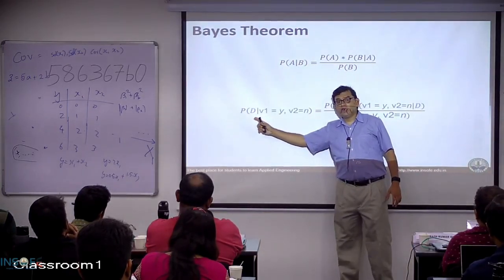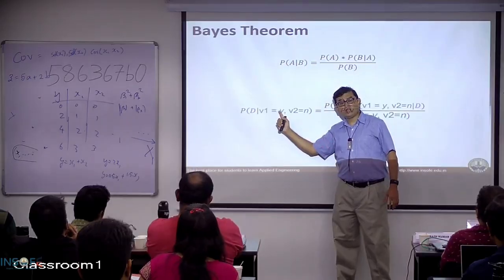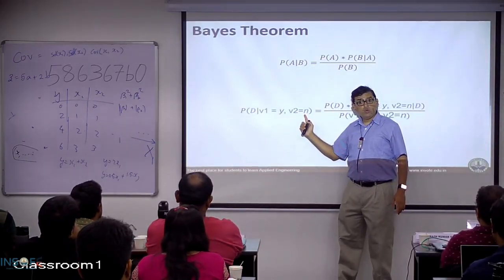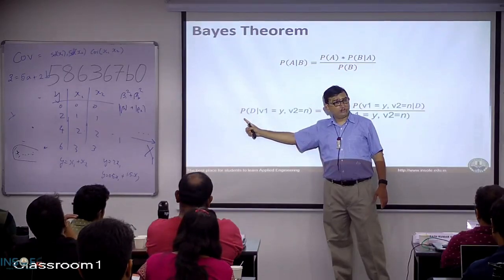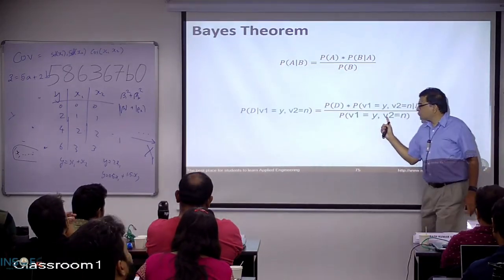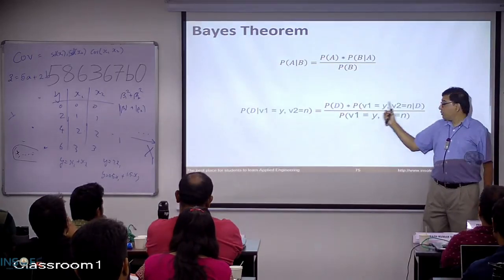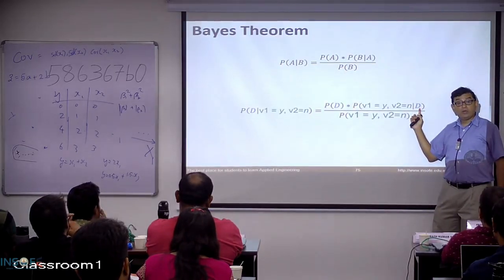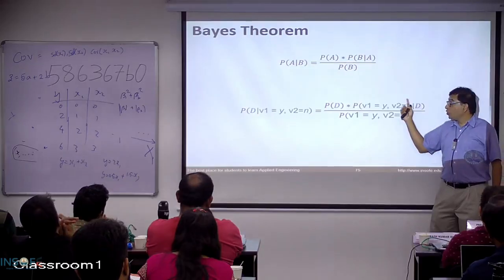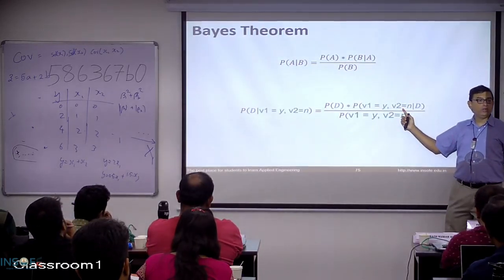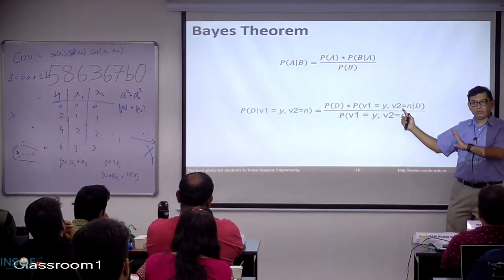What we are trying to find out is, given that this person voted yes in 1 and no in 2, what is the probability he is a Democrat? I can translate that to the following: given a Democrat, what is the probability that he voted yes in 1 and no in 2? Fine?